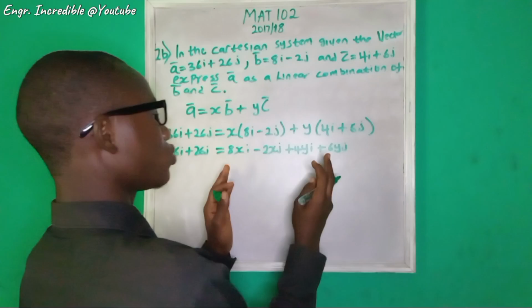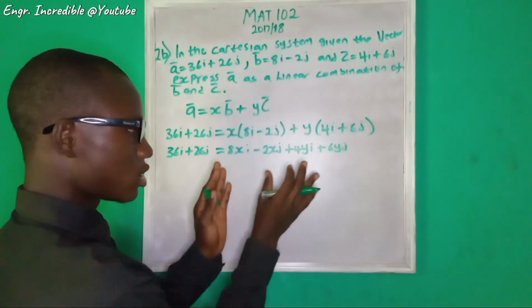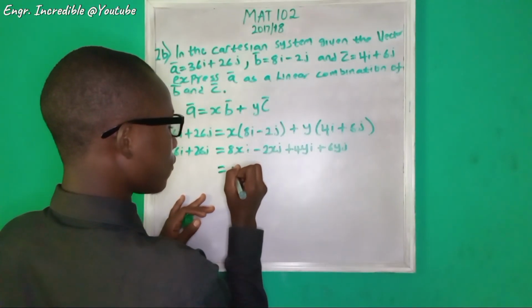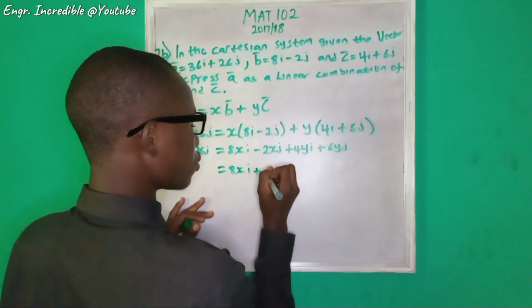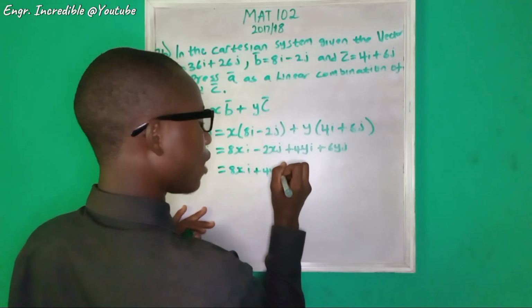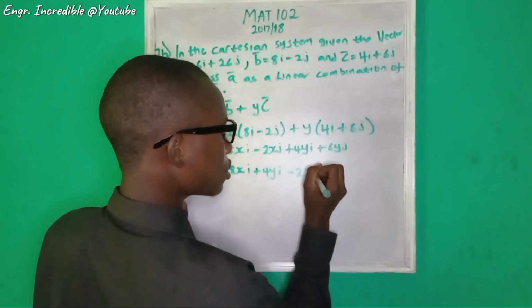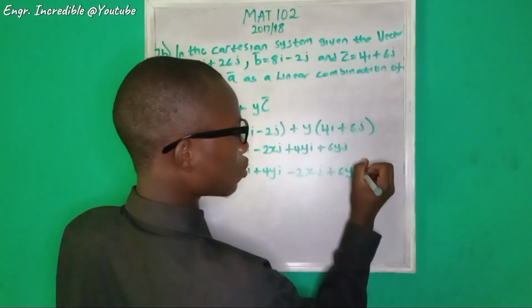So now I'm going to try to bring all the i components and the j components together so that we do not make a mistake here. So let me put 8x of i, then plus 4y of i in one place. Then I put my j: minus 2x of j, and plus 6y of j.